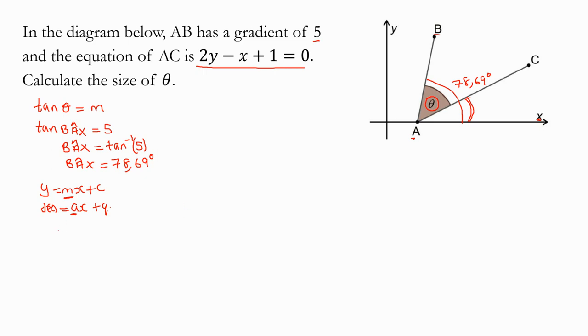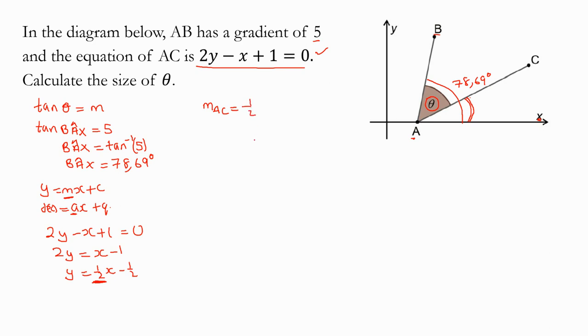So let's restructure this equation: 2y minus x plus 1 is equal to 0, then 2y is equal to x minus 1. Then divide everything by 2: y is equal to half x minus half. So our gradient is not 2, the gradient is half. So m of AC is equal to half.